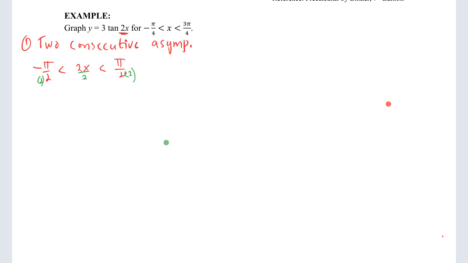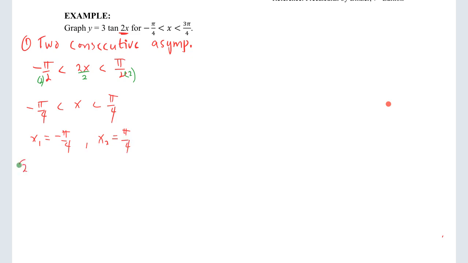So now we have negative pi over 4 less than x less than pi over 4. With this, we are now able to find the asymptotes. I will name the first asymptote x sub 1, which is equal to negative pi over 4, and the other one x sub 2, which is pi over 4.